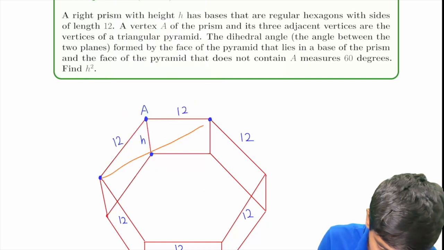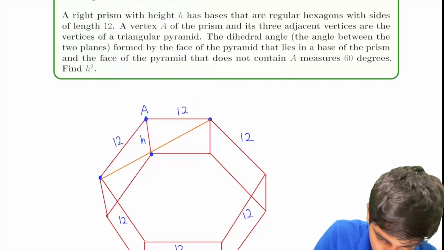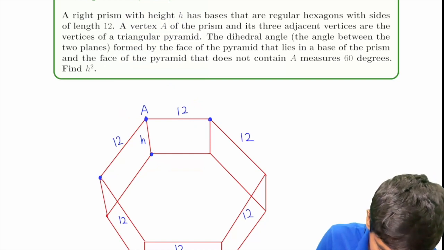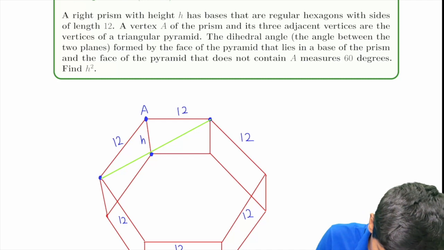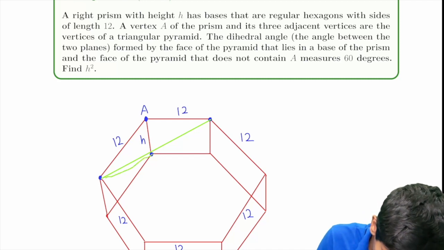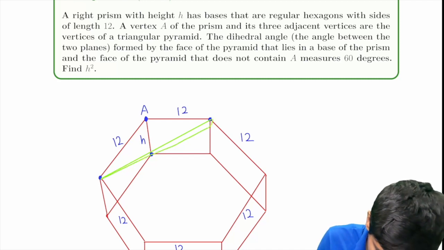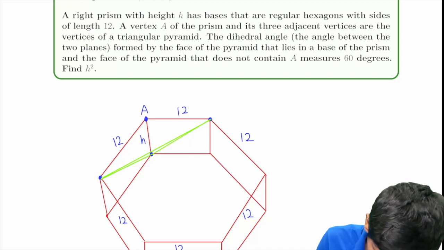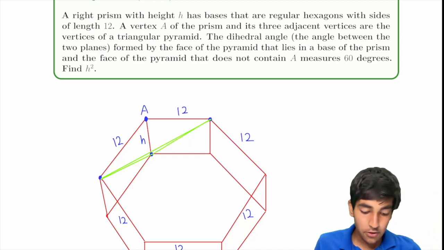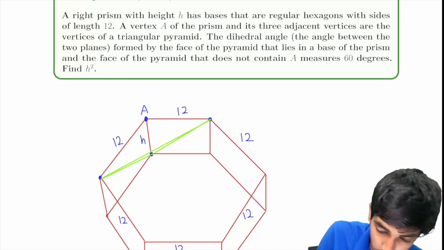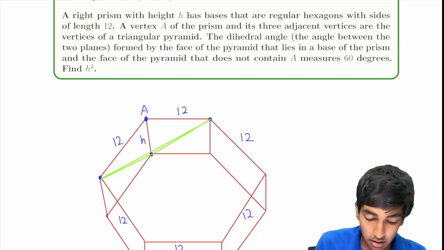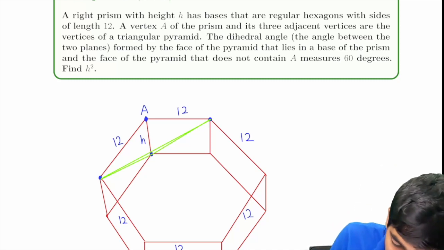Let's use a different color. So we have this pyramid over here, pyramid on the inside. And this dihedral angle is basically this angle between the two planes. So the face of the pyramid that does not contain A, what is that?